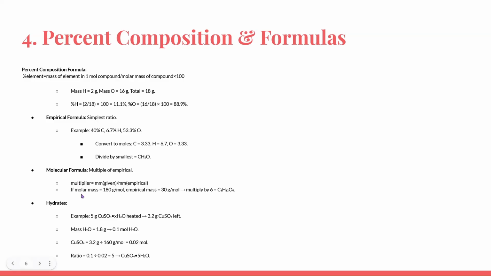And then if molar mass equals 180 and empirical mass equals 30, then you multiply the empirical formula by 6, which would give you C6H12O6. Because if you do 180 divided by 30, that's 6. So the multiplier is 6, and therefore you apply it to the empirical formula.